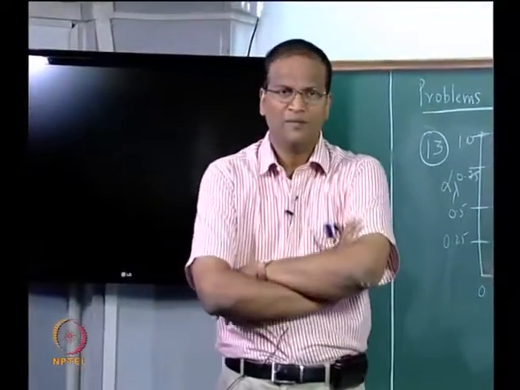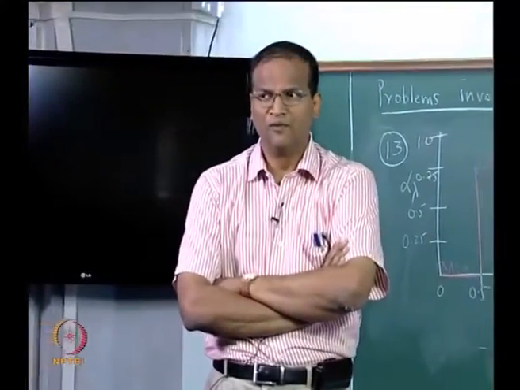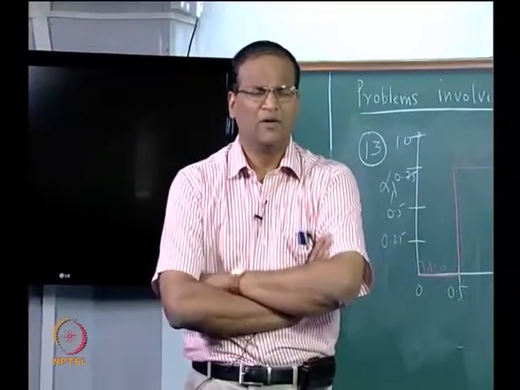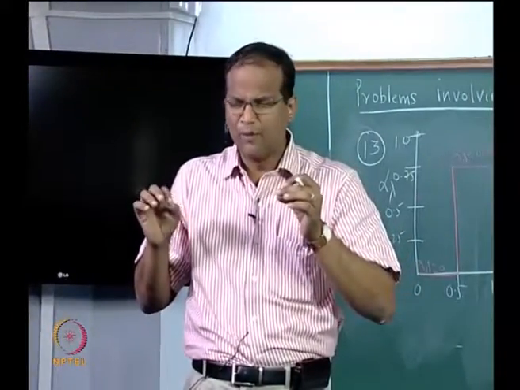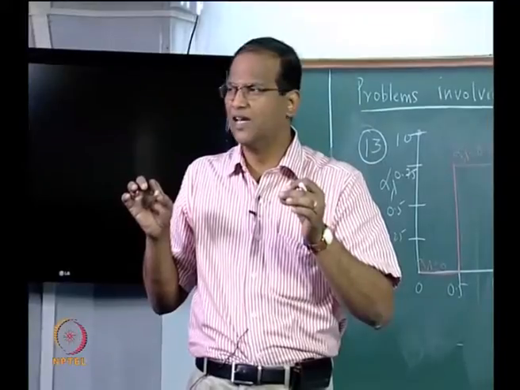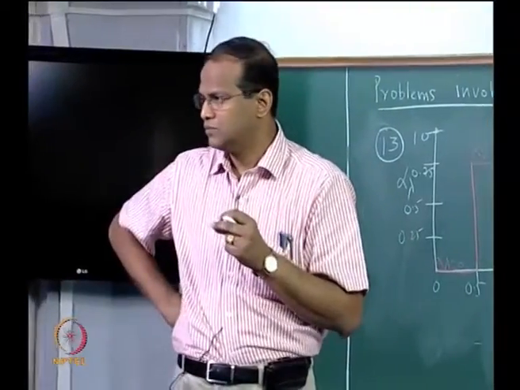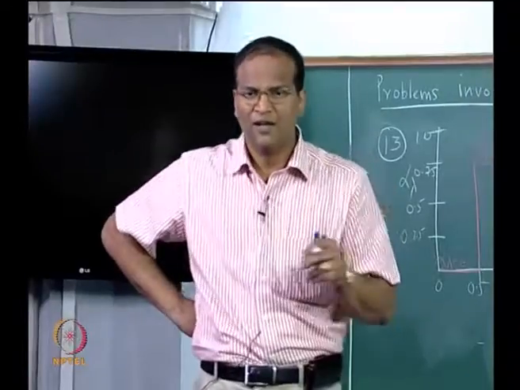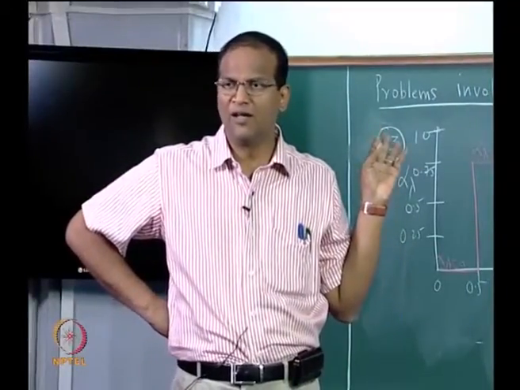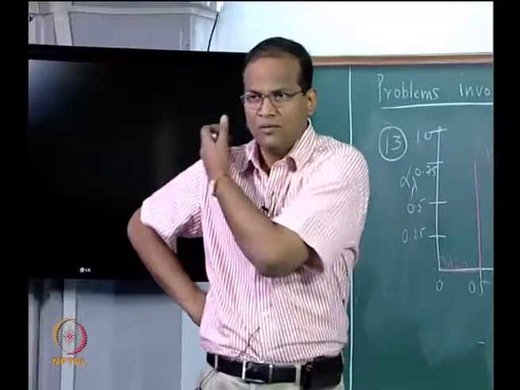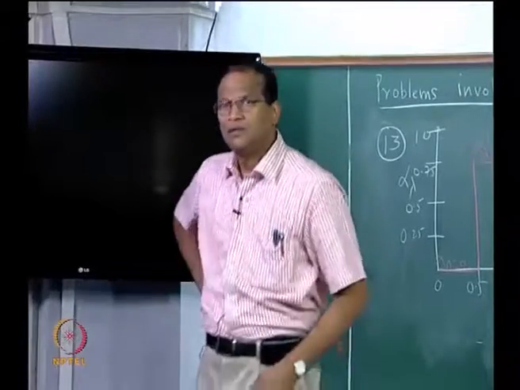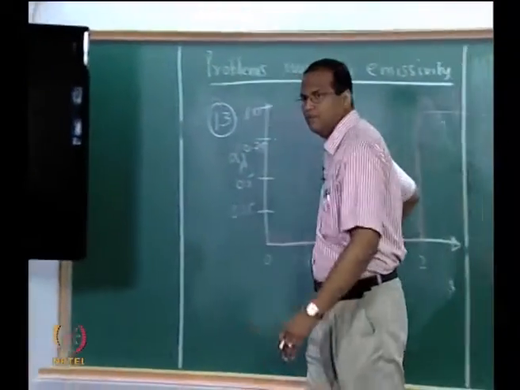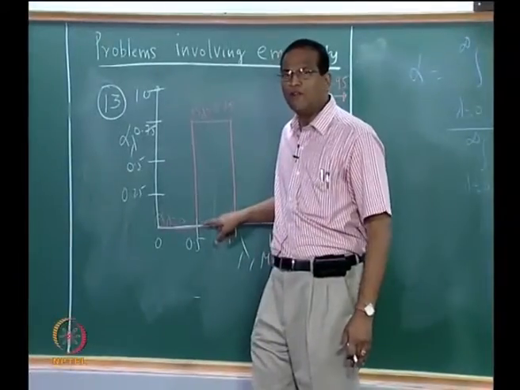If you remember, for the solar radiation in the visible part of the spectrum, nearly 37% of the radiation was concentrated. That is 0.4 to 0.7. Here we are getting 0.5 to 1 micrometer.